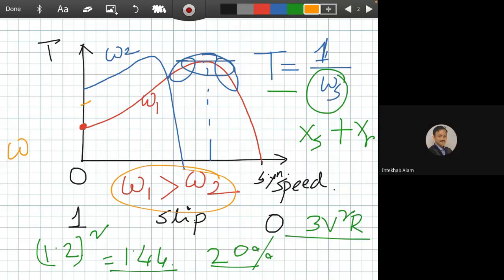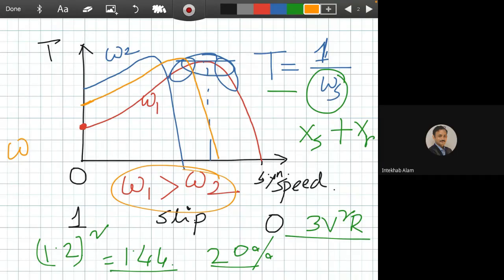In between here? And what about the speed? The orange one, sir, will be that line. Yes sir, the orange one. Okay, good.